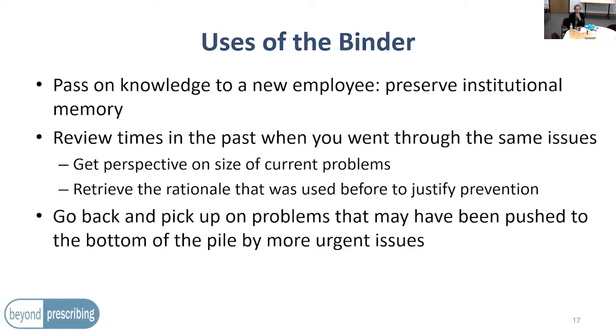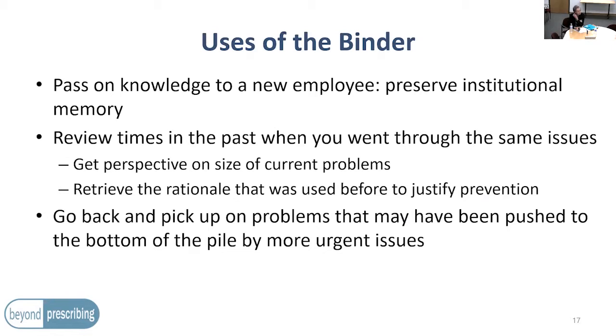So for instance, if I think about MRSA in the VA, when we got MRSA somewhat controlled in the VA, and this is happening across the country, there's a strong pushback. Why are we doing contact precautions? Why are we doing active surveillance testing? And people don't remember how bad it was before we did those things.